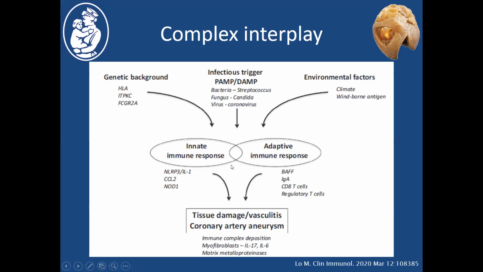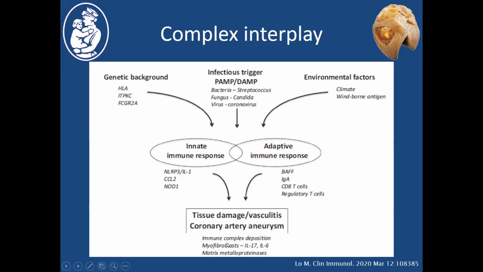And then there's an interaction between innate immune response, things like the toll-like receptors, or complement fixation, which is part of the innate immune response, and then also adaptive response. IgA seems to be important for this. Of course, lymphocytes, activated lymphocytes, and some interaction here between these two parts of our immune system can lead to tissue damage, vasculitis, and the coronary aneurysms.